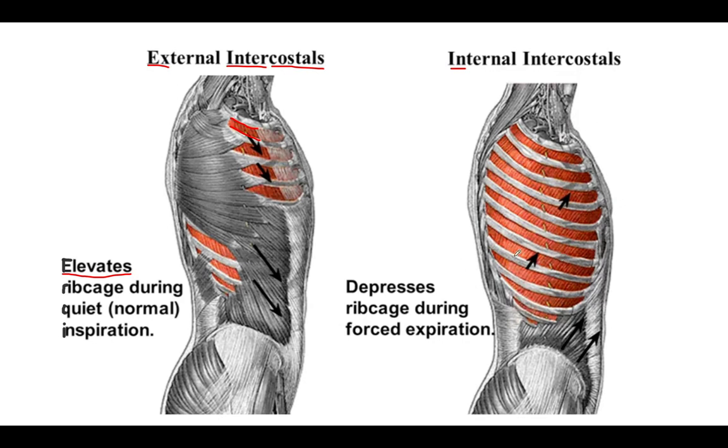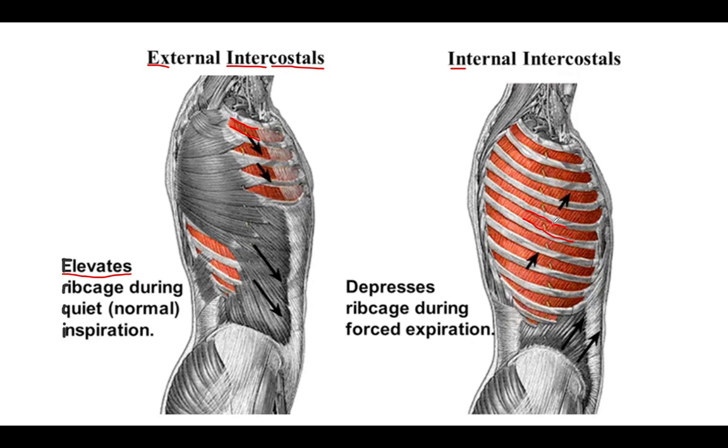That origin is going to be, oh my goodness, sorry, little brain delay there. Okay. The origin is going to be along the superior border of the rib, and then it's going to insert at the inferior border of the top rib.